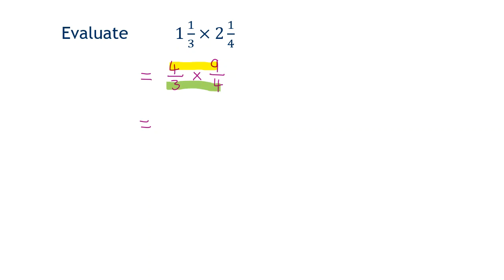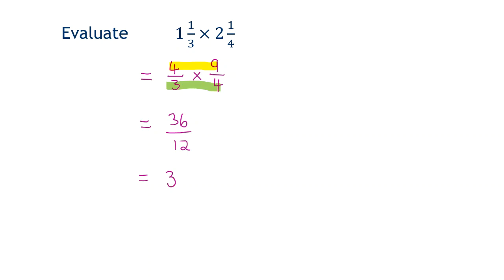If we multiply the numerators, 4 nines giving us 36, and the denominators, if we multiply 3 by 4 we're getting 12, and we wouldn't want to stop there because this fraction can be simplified. 36 and 12 have got a lot of factors in common, but you might notice that 36 does divide evenly by 12, and so 36/12 is the same as 3 12s, or 3. So that's the answer to this question.